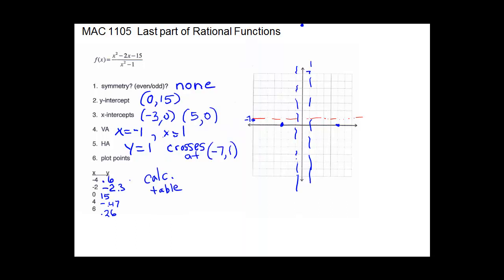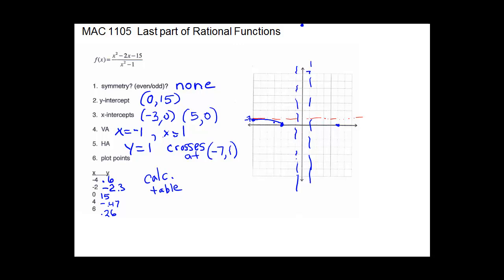So now we're ready to get our points in between. And remember that your graph is going to go toward the asymptotes in each section. So -4, it is going to be at 0.6. So it's here, this line, it's crossing that a tiny bit, but this is the way it's going to go.